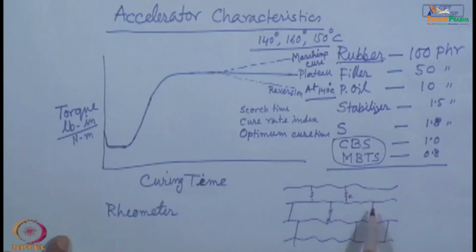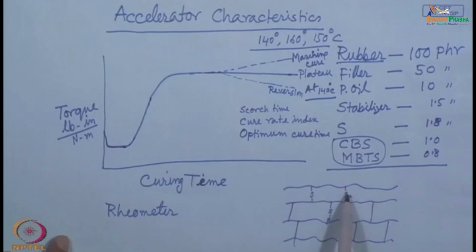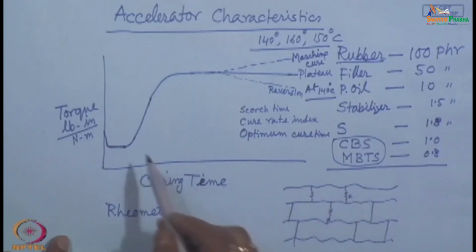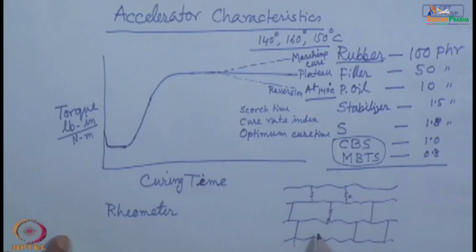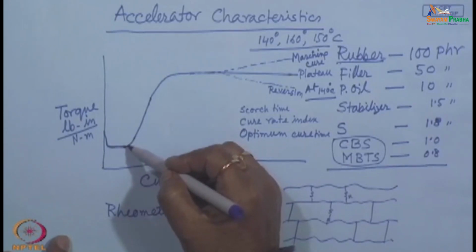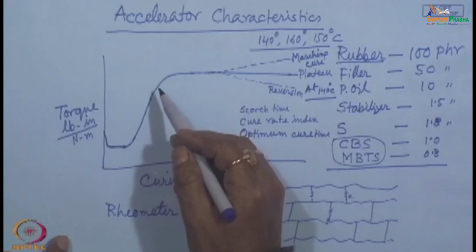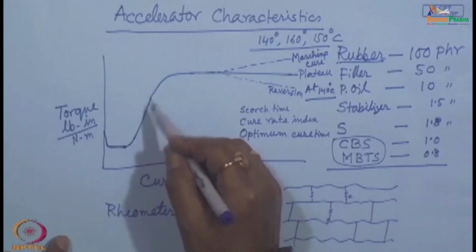This introduction of such cross-link bond, sulfur intermolecular linkage bond formation, starts at this point of time. Then slowly the number of such intermolecular bonds increases and this torque goes rising this way. That means the curing reaction or cross-linking reaction has started over here and it is increasing at this rate.